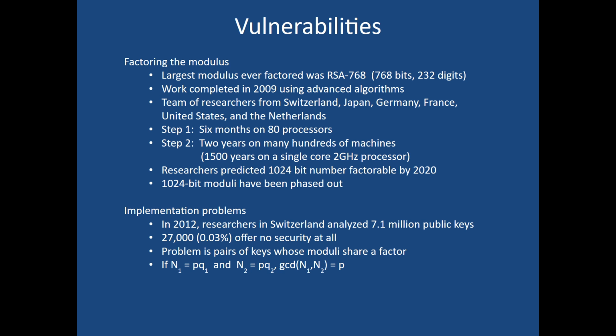GCD. Just by doing a GCD. They got 7.1 million keys, and then they took every pair and took the GCD of every pair. And if it happens that there's a factor shared between 2 of the keys, the GCD is going to be that shared factor.